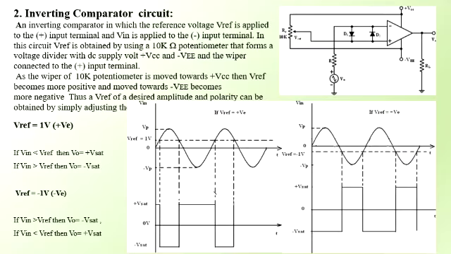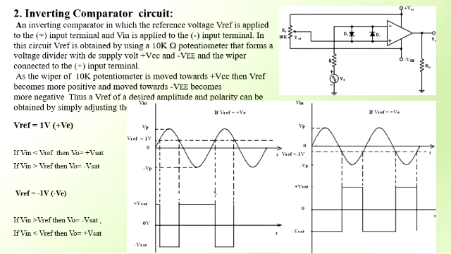Thus the V reference voltage of desired amplitude and polarity can be obtained by simply adjusting the 10K potentiometer in this given diagram, towards the VCC or towards the VEE.